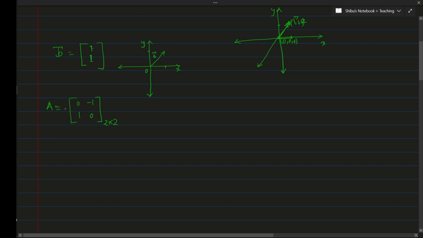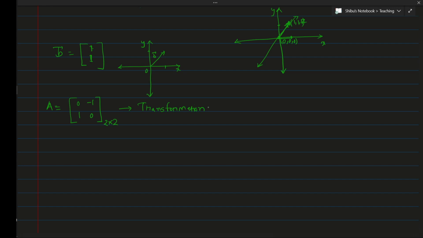So what does this mean? We can call this a linear transformation, or simply a transformation. What it does is it takes a vector and modifies it in some way, like it takes a vector and rotates it or stretches it or compresses it.